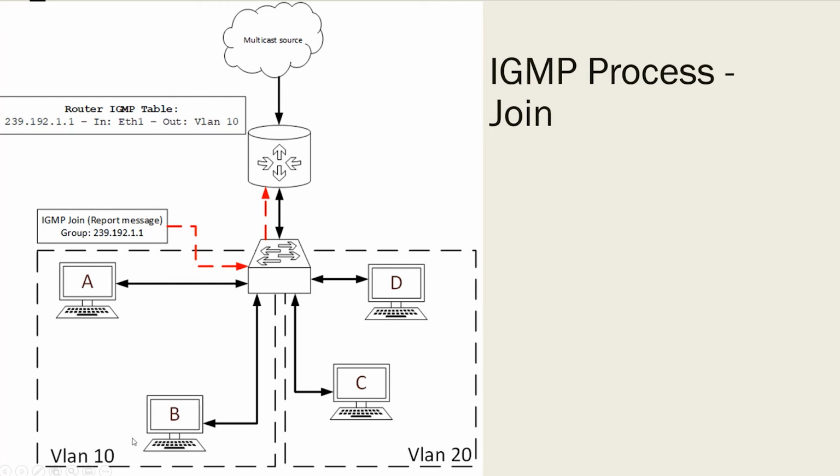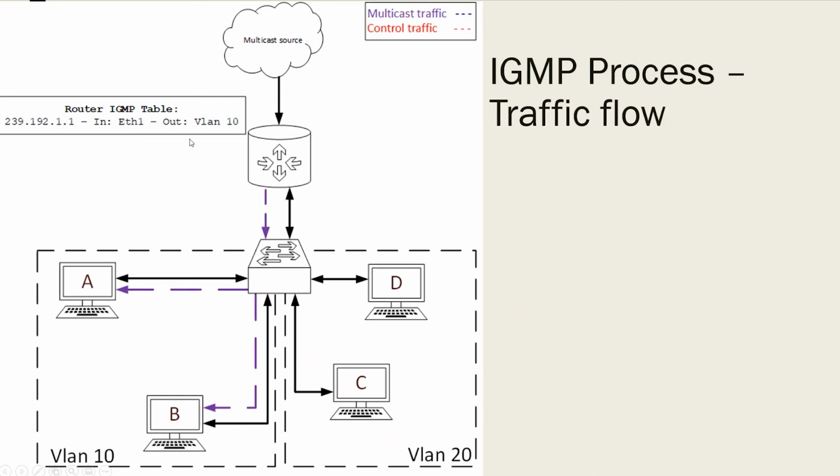So in this case, we know something behind VLAN 10 is interested in this group, 239.192.1.1. So the router itself knows, okay, if I've got this multicast group traffic coming in, I want to send it out onto VLAN 10. So that's what that will look like. It understands that control traffic that we just sent it, and now it's going to forward on the multicast traffic.